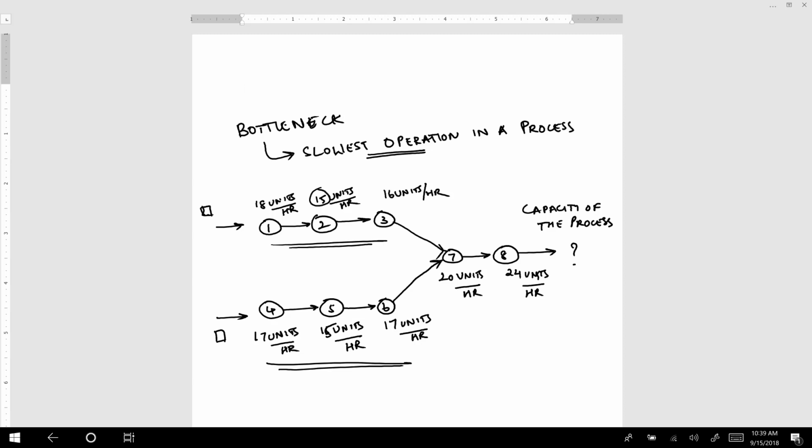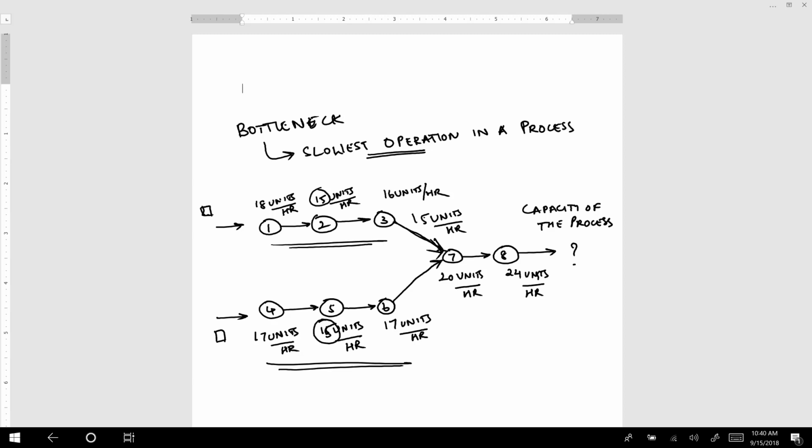So from the upper side, we will get 15 units per hour to operation 7, and at the same time operation 5 will be the bottleneck on the lower side, so that will be 15 units.